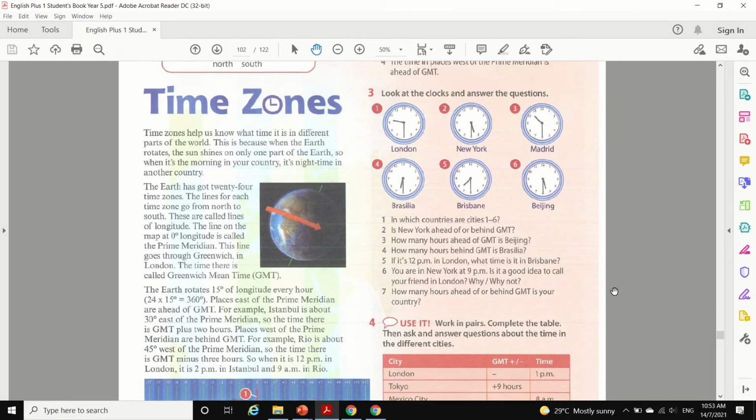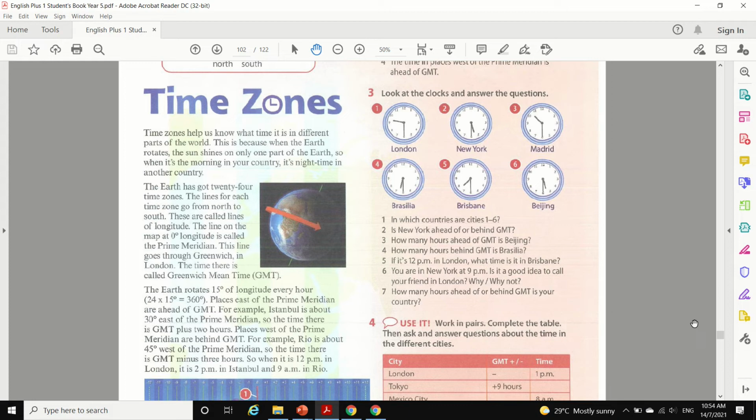Exercise 2. Time zones help us know what time it is in different parts of the world. This is because when the Earth rotates, the sun shines on only one part of the Earth. So when it's the morning in your country, it's nighttime in another country.